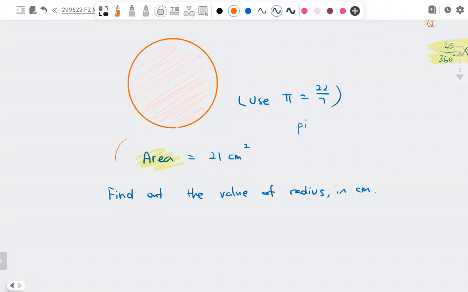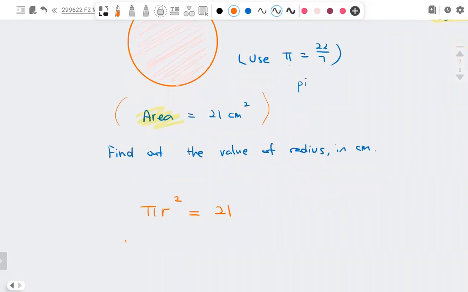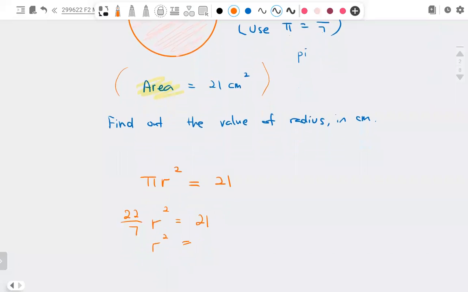So here I can form the equation pi r square equal to 21, right? Use pi equal to 22 over 7. 22 over 7 times r square equal to 21. So r square equal to 21 times 7 over 22, right?